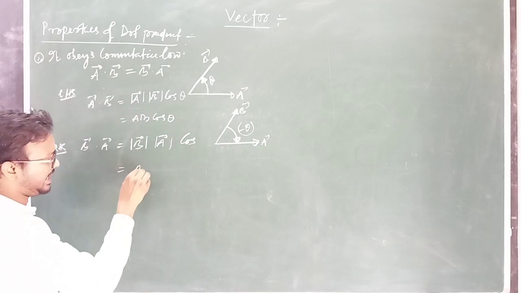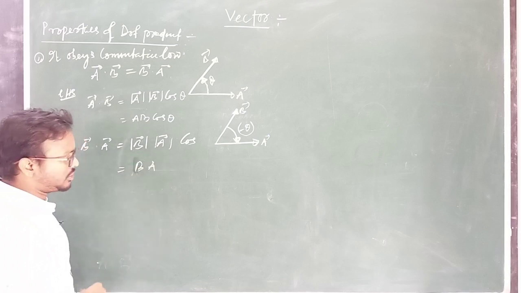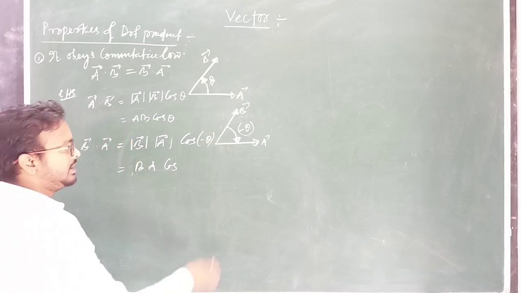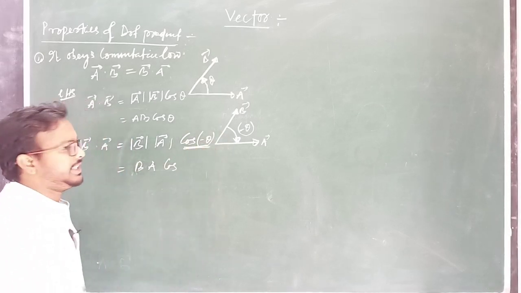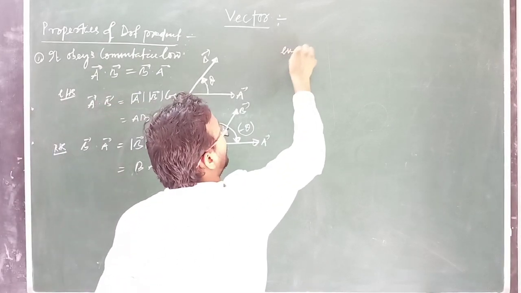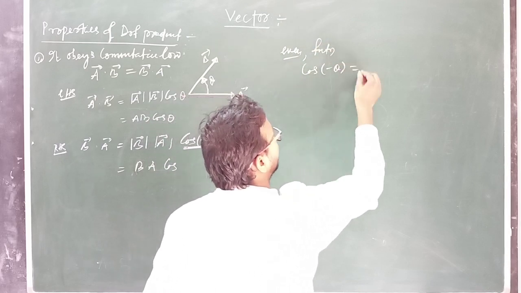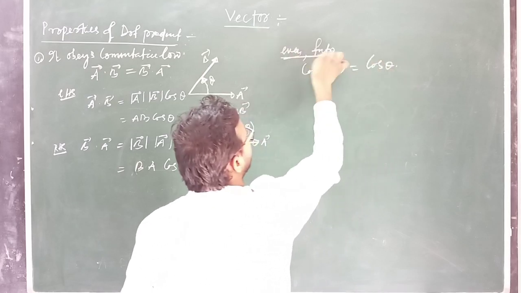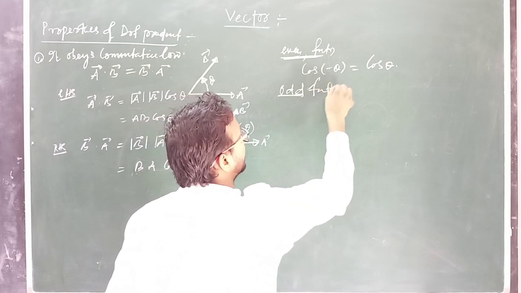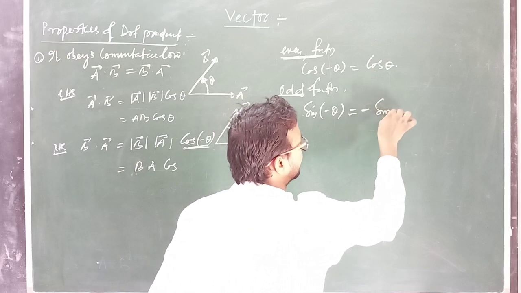So in this case we can write magnitude of B, simply B, magnitude of A into cos minus theta, and you will study in mathematics that cos theta is an even function. So what is an even function? Cos minus theta is cos theta, so it is known as an even function, and there is another, the odd function, that is sin minus theta equals minus sin theta.